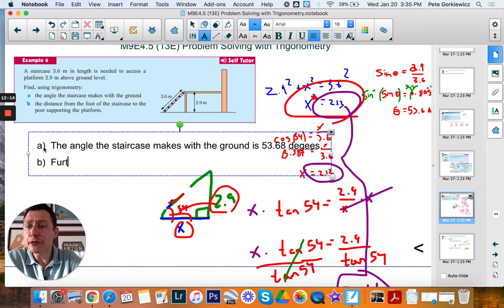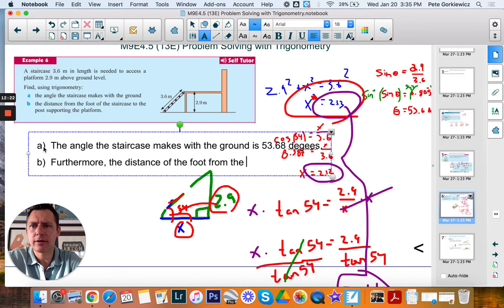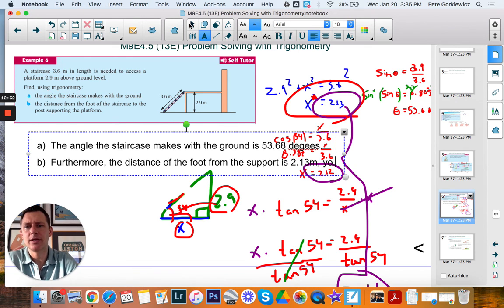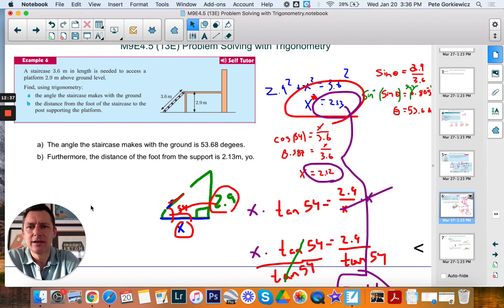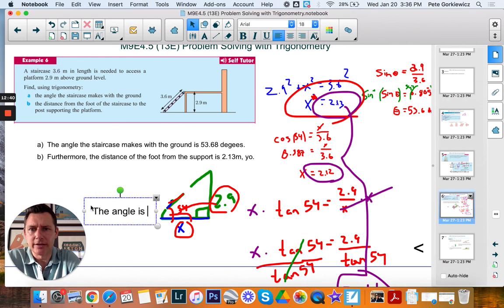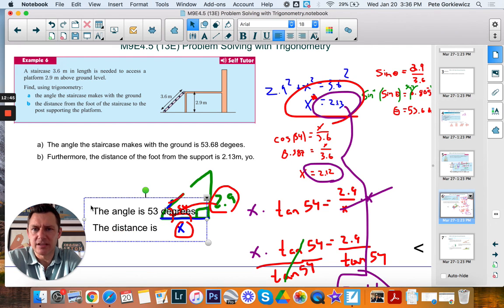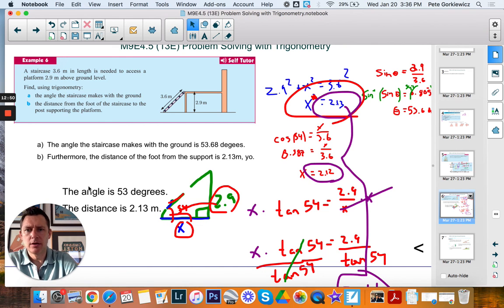B, furthermore, the distance of the foot from the support is 2.13 meters. Right? You don't have to write that completely out. Shorthand, you'd say the angle is 53 degrees. The distance is 2.13 meters. That's the minimum, right? Cool.